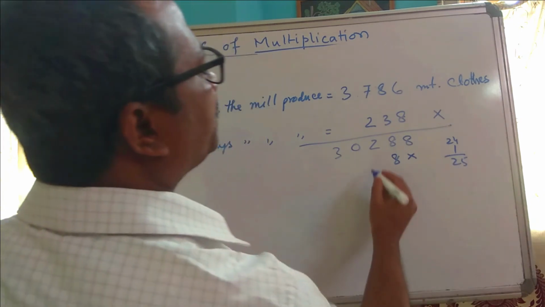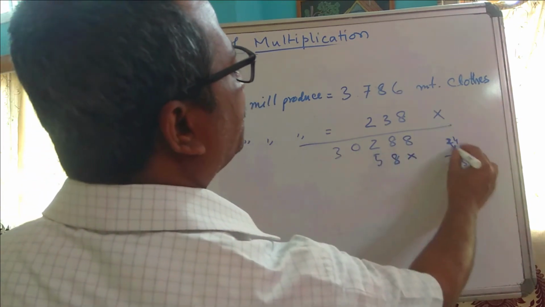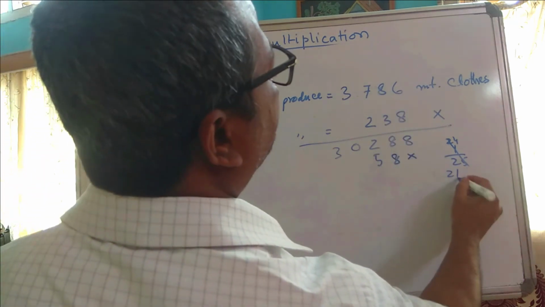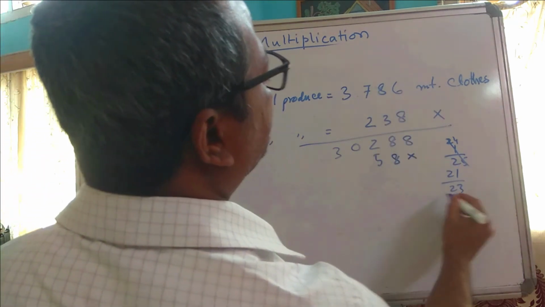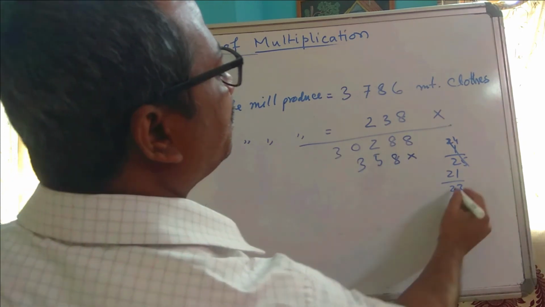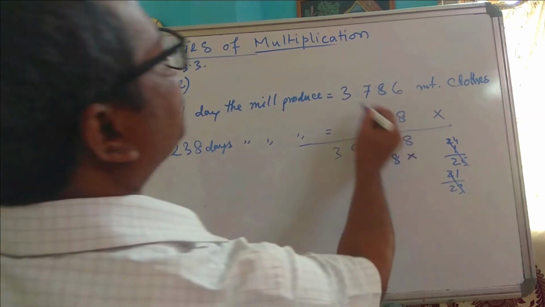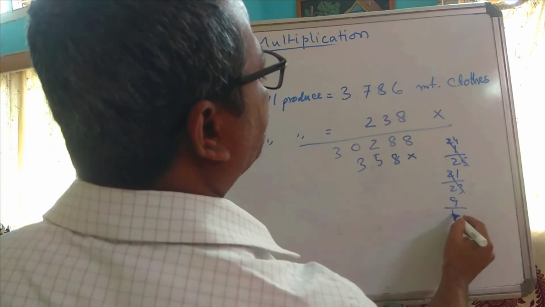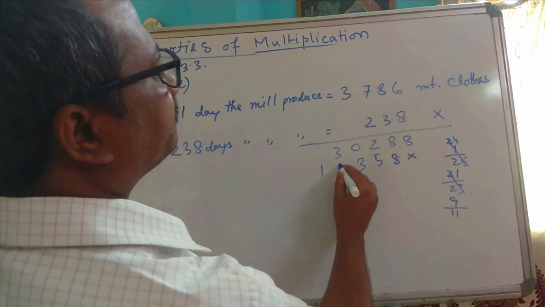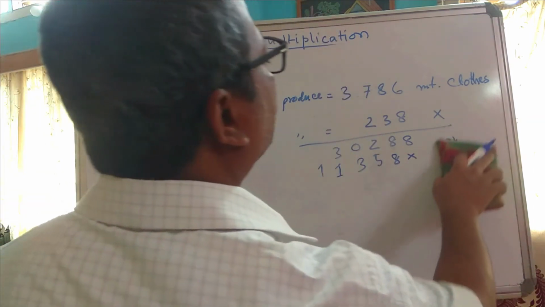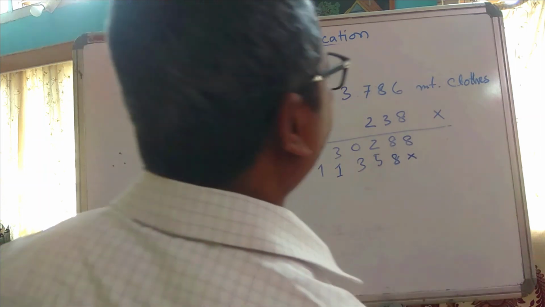With 1 it will become 25, 5 will come here and 2 will be left. 3 times 7 are 21, 21 plus 2, 23. So we'll put 3 here, 2 will remain, and 3 times 3 are 9, 9 and 2, 11. This way we'll put. So now the 2 is in the 100 place.